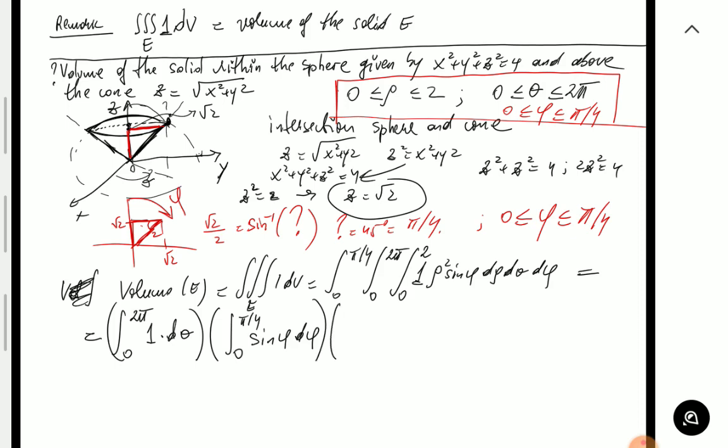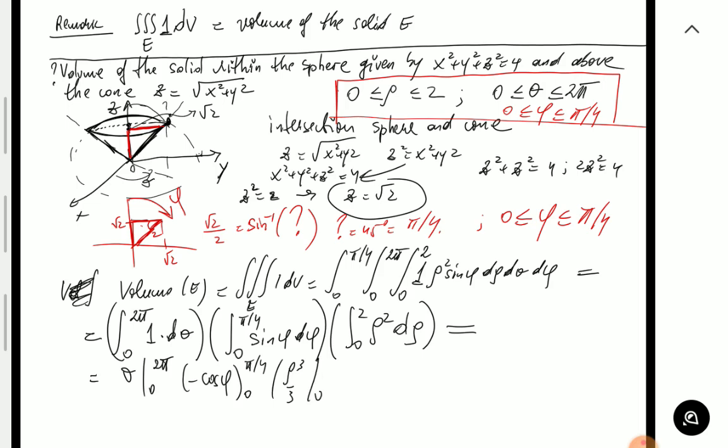And finally the one in rho is rho squared d rho. So we have theta between 0 and 2 pi. The integral of sine is minus cosine of phi between 0 and pi over 4. And rho cubed over 3 between 0 and 2.